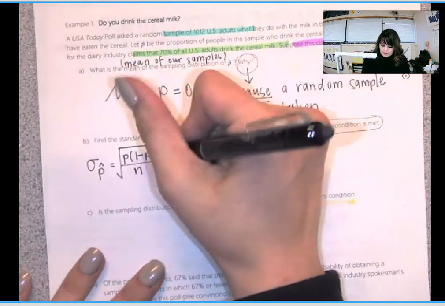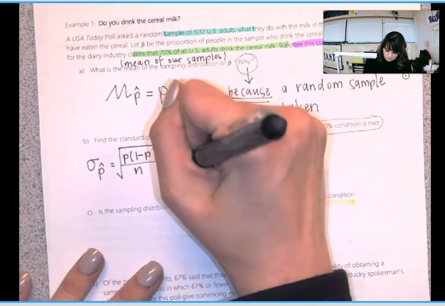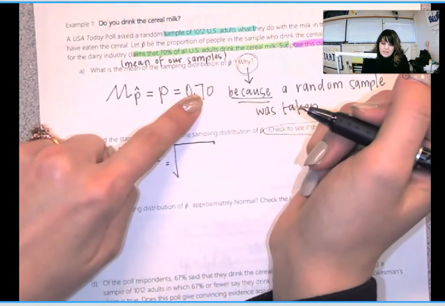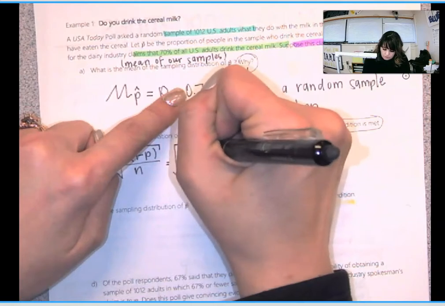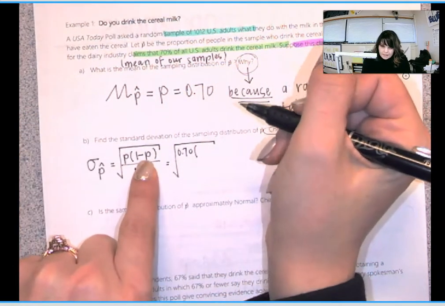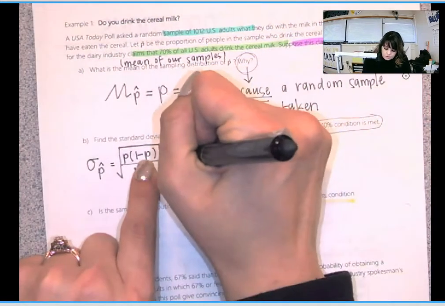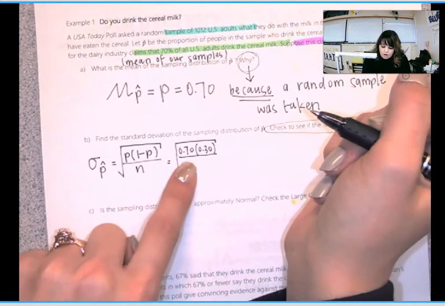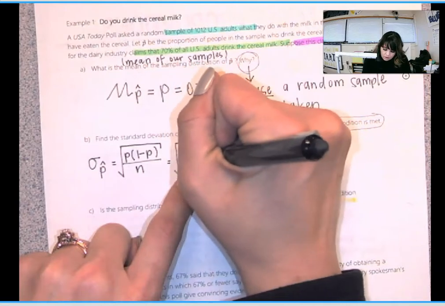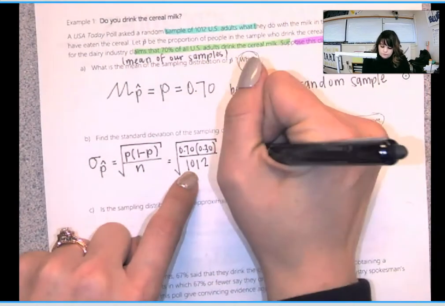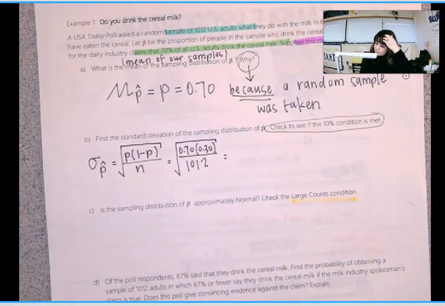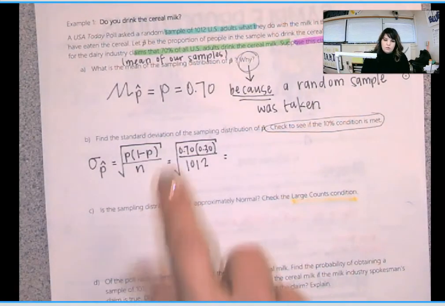Okay, so let's plug in those values. Big root, p is 0.70. 1 minus p is 0.30. Divided by our sample size of 1,012. When I put this into my calculator, I like to enter it as a fraction. So I like to enter it exactly like you see it here.